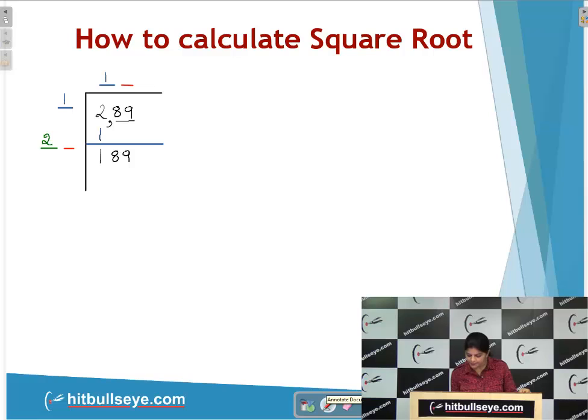Then I will multiply this entire 2-digit number with the digit which I have placed at the end of this number and result in a product which is immediately lesser than or equal to this number 189. So in this case, that number is 7. And I write the product over here.